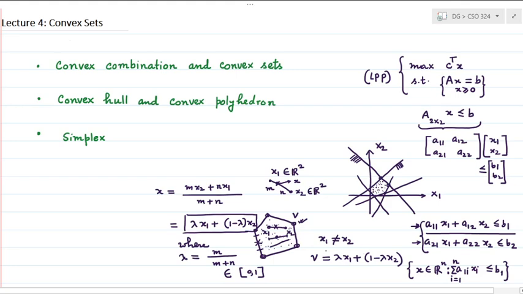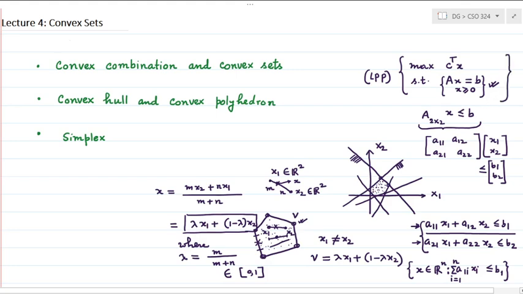So let me slowly, one after another, define a few concepts related to reaching a vertex. Although this very simple definition tells you how to define a vertex, in between I also wanted to explain several things regarding the inequality region or the constraint set of a standard linear programming problem.